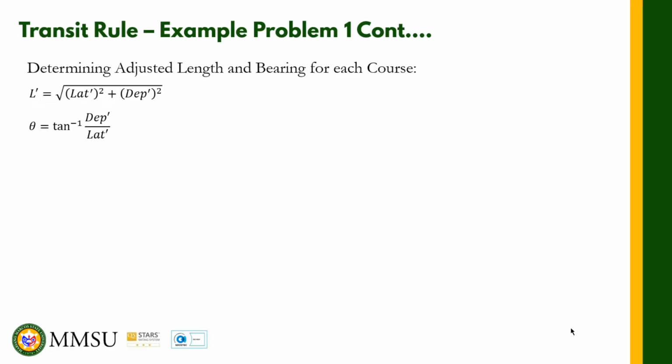Now that we know the adjusted latitude and adjusted departure of each line, we can now determine the adjusted length and bearing for each course.